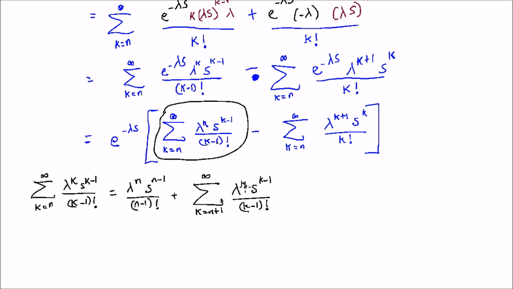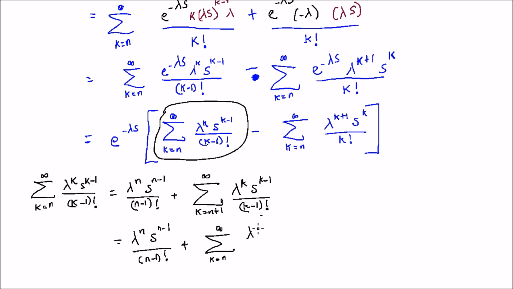If I increment the index by 1 inside the summation, I need to subtract the limits by 1. So this is equal to lambda to the power of n, s to the power of n minus 1 divided by n minus 1 factorial, plus the sum k equals n to infinity of, well, I took 1 away from the index, so I need to add it back in the index variable here.